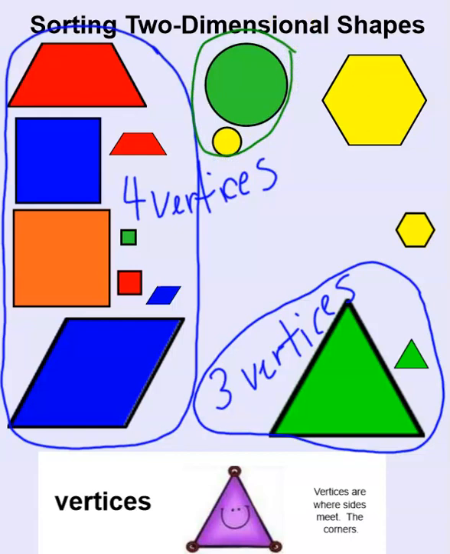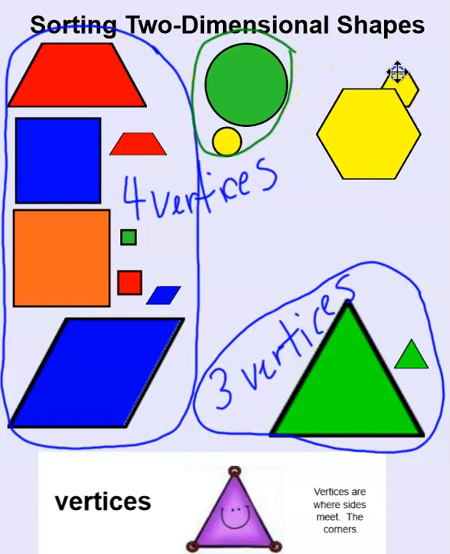Let's think about our hexagon. How many vertices does it have? Let's count. I have to remember with the vertices where I started, so I'm going to mark it. 1, 2, 3, 4, 5, 6. So they have 6 vertices.